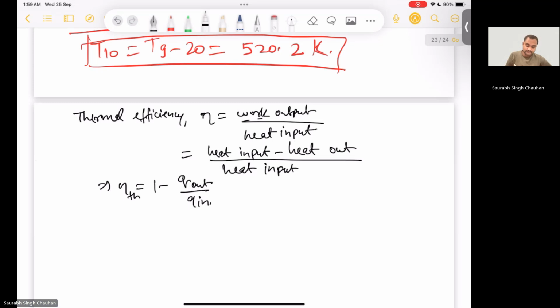Okay. So where is the Q out? We have to find this quantity.